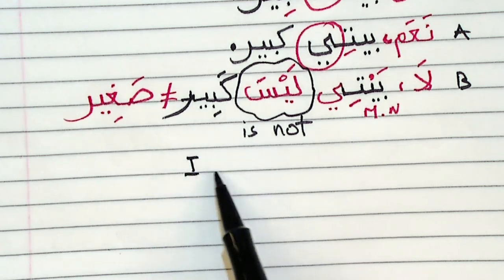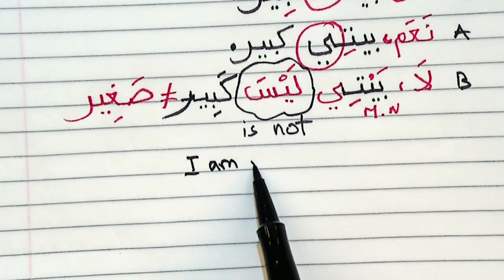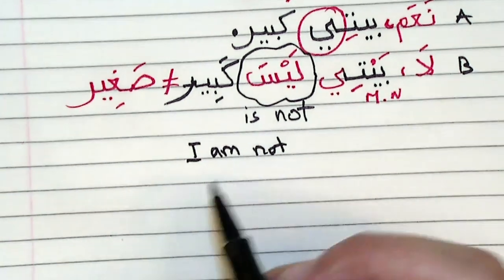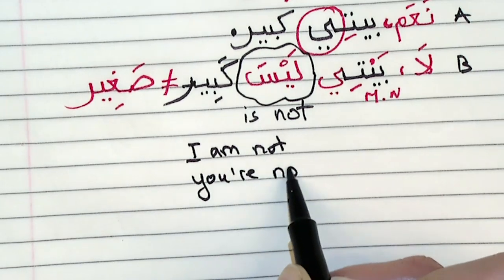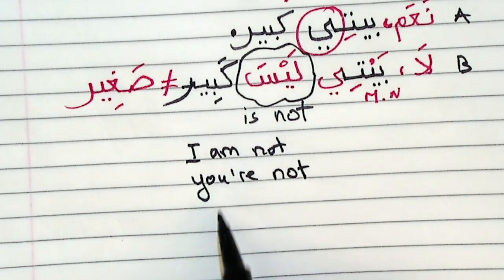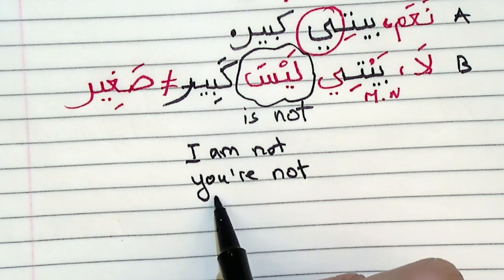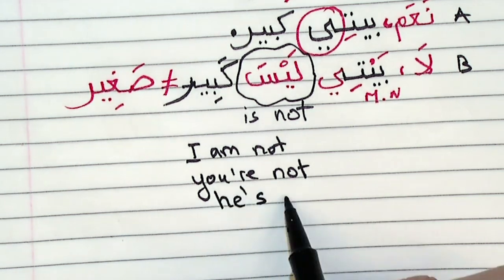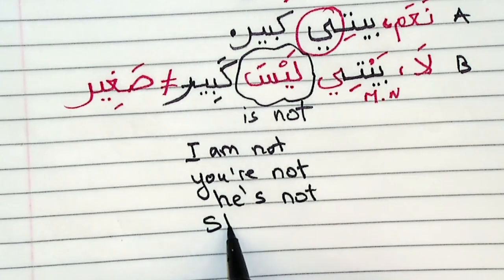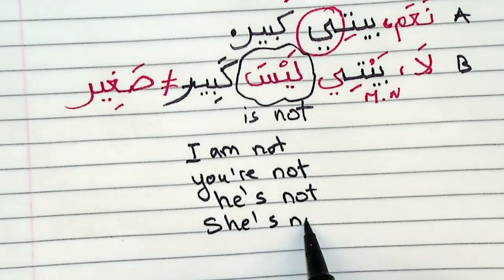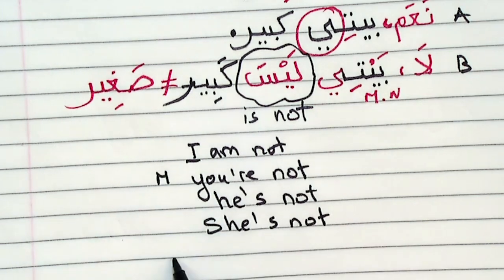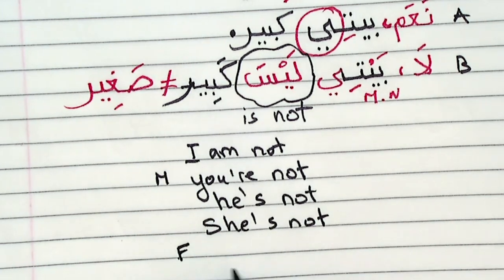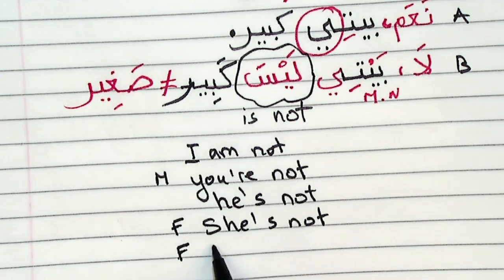So I am not, you're not, or you are not. He's not, she's not. I'm going to bring the masculine, and bring the feminine right here, close to she. That way you see both feminines. You're not.